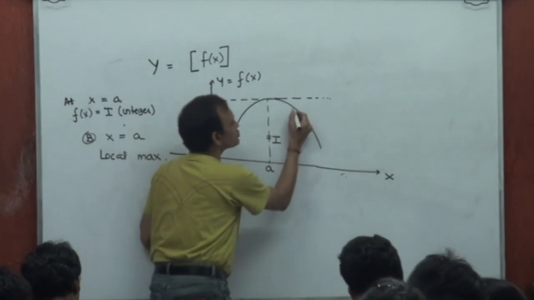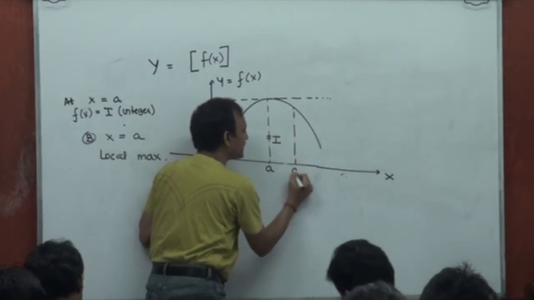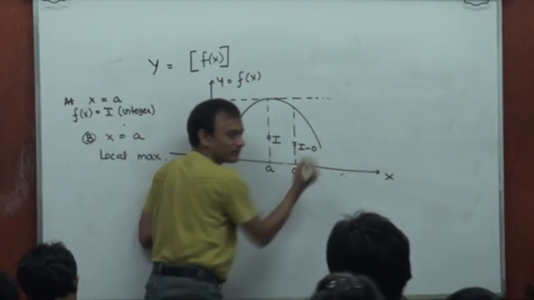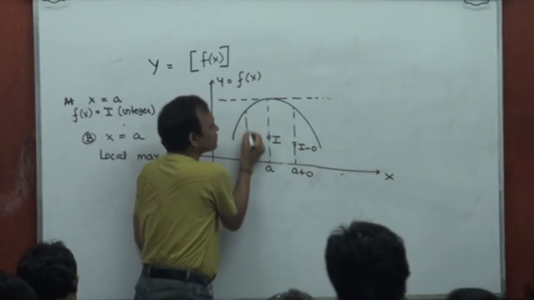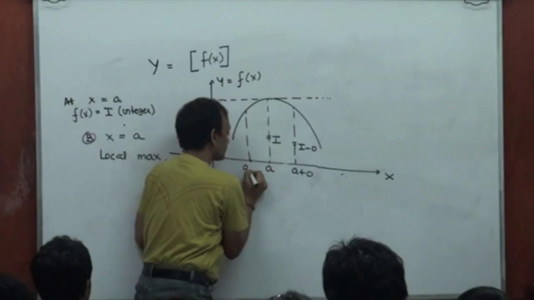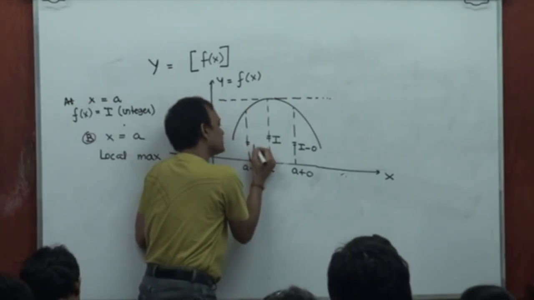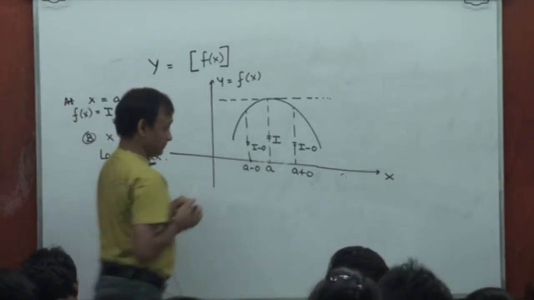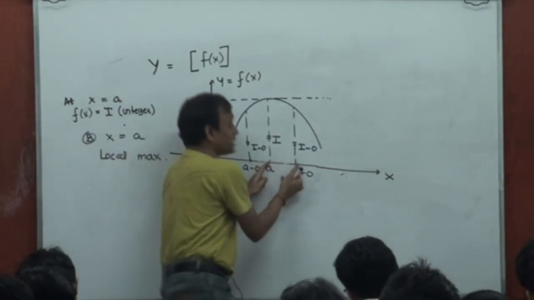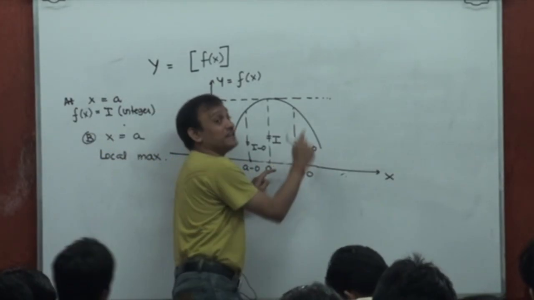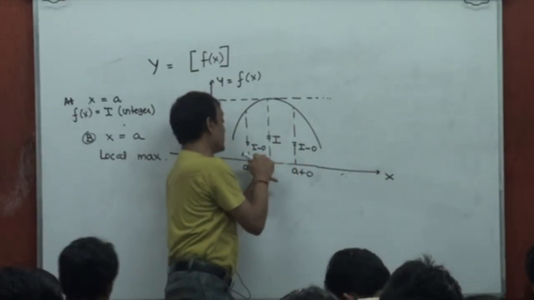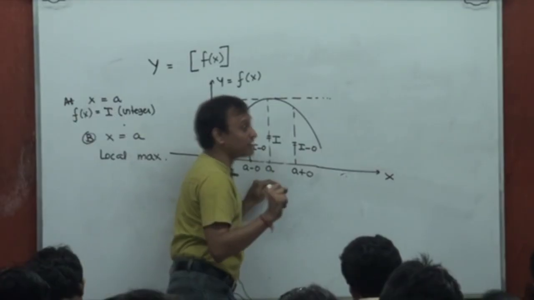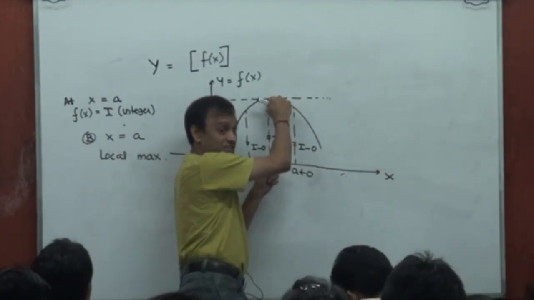To the immediate right of x equal to a, that is a plus 0, the function is slightly less than I. To the immediate left of x equal to a, again the function is slightly less than I. Yes or no? Which means to the immediate right of x equal to a, box of fx is identically equal to I minus 1. To the immediate left of x equal to a, it's identically equal to I minus 1. But at x equal to a, it's I.